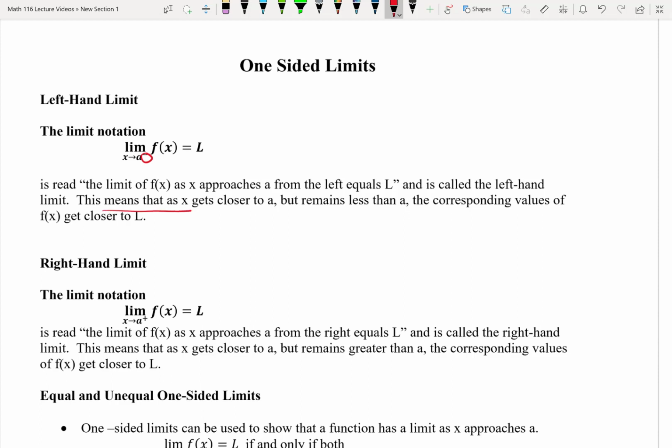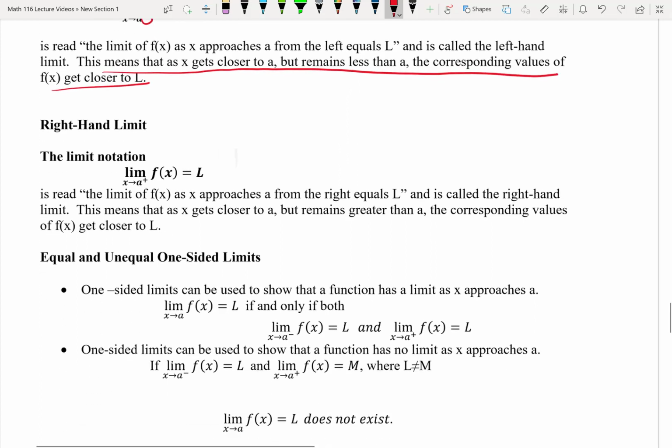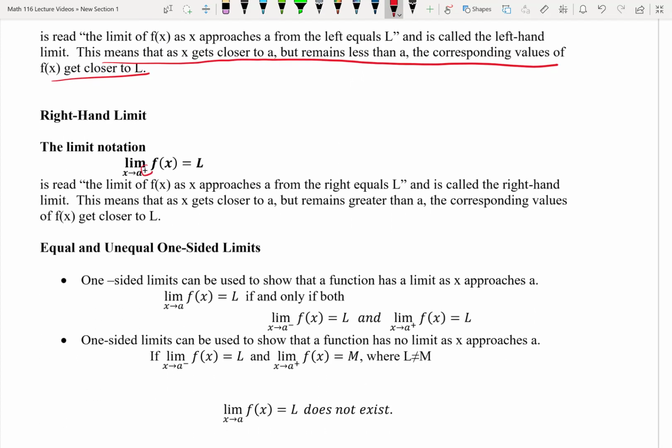So this means as x gets closer to a but remains less than a, the corresponding values of f of x get closer to L. If there's a positive plus as a superscript, it just means that you're looking at the right-hand side. So this means as x gets closer to a but remains greater than a, so on the right of a, the corresponding values of f of x get closer to L.